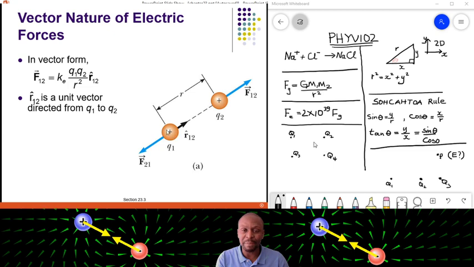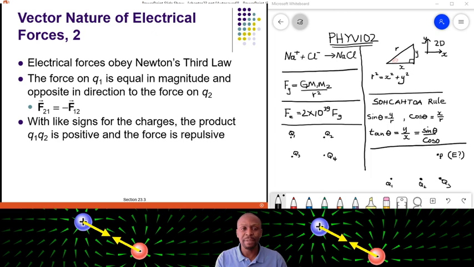Even if one charge is bigger than the other, F12 will always be the same as F21. The reason is that the electric force, or Coulomb force, is the product of these two charges. When you have only one charge, you are not going to have an electric force. That's very important.